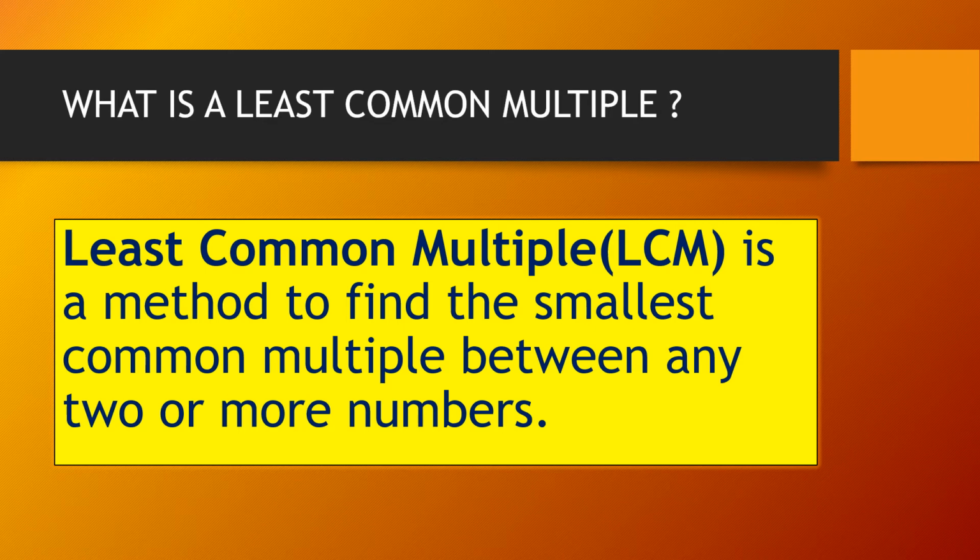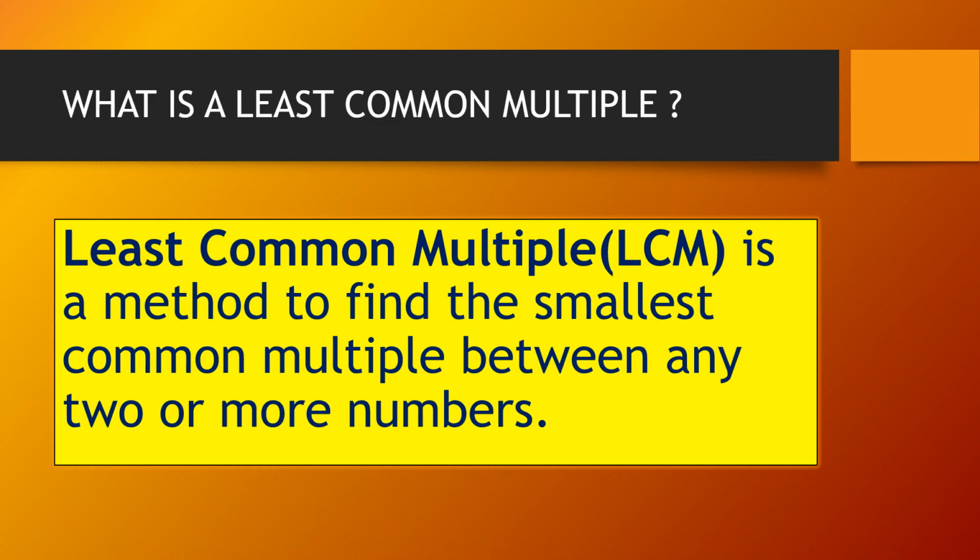So now children, it's time when you can learn least common multiple, because you already know what are multiples and you already know how to find common multiples. So with this, first we understand what is a least common multiple. What do we mean by it? So least common multiple is a method to find the smallest common multiple between any two numbers.